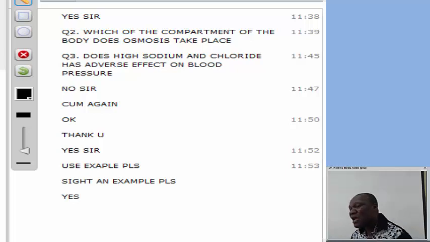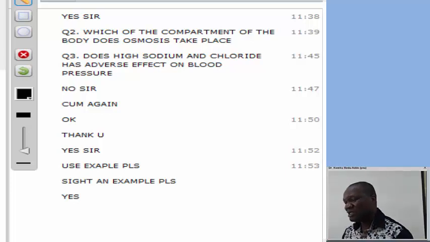Now the total blood volume can be calculated if we measure the plasma volume and divide it by 1 minus the hematocrit. So if our plasma volume is 3 liters and our hematocrit is about 0.4, the total blood volume will be equal to the plasma volume, which is 3, divided by 0.6.